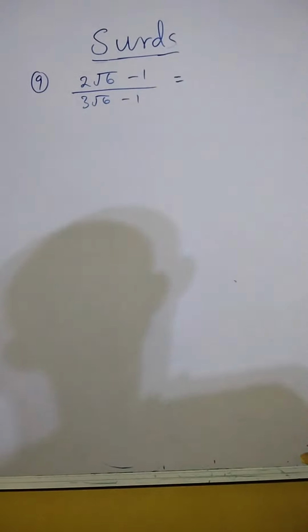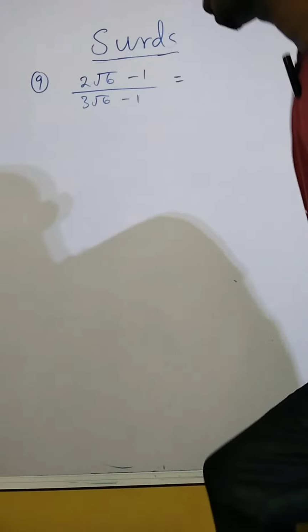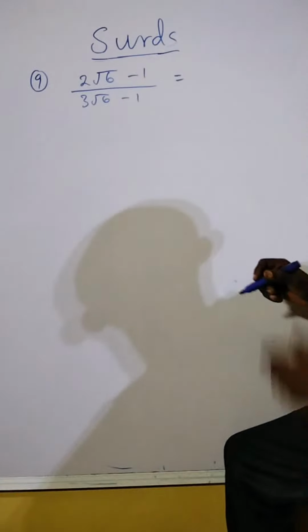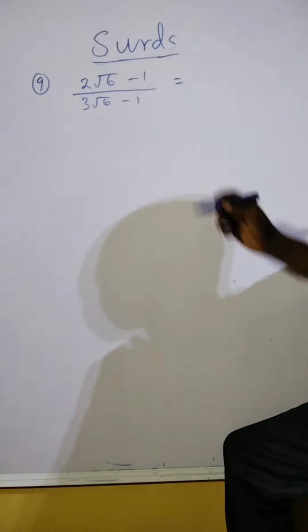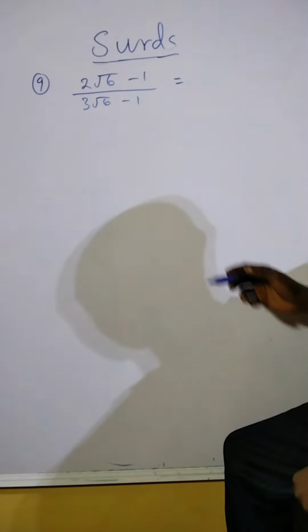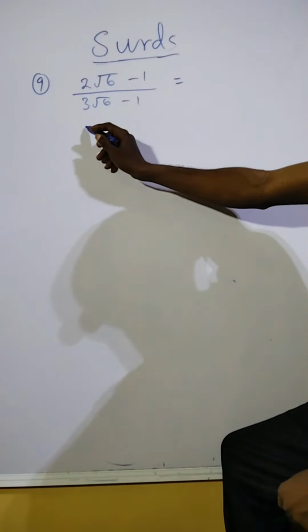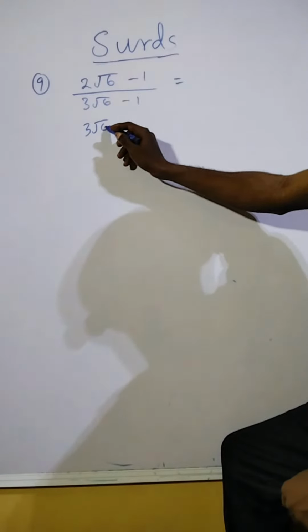Okay, yes. Now, the same method we use here: when we solve this, we rationalize this and multiply the numerator and denominator by the conjugate of the denominator. Now, the conjugate is 3 root 6 plus 1.